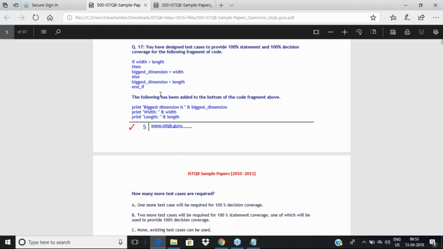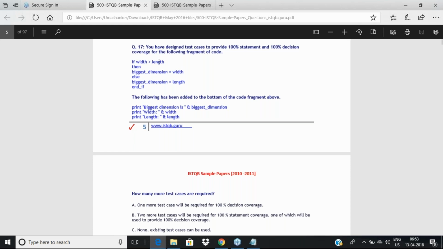See, ideally, let's assume you're testing this code. You will accept a width and length as two inputs in your system, and here is the actual condition being checked. So you need to write test cases to check width greater than length, width less than length, width equal to length.